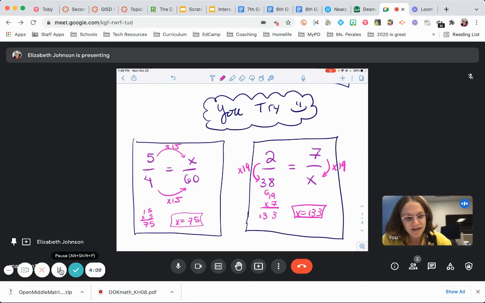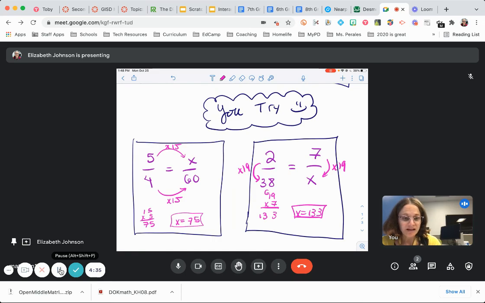And on the next one, I noticed that both 2 and 38 were even numbers. That means that there's a number that would go into both of them. And that number is 2. So 38 divided by 2 was 19. That told me that 2 times 19 is 38, and 7 times 19 must be x. This relationship is going to be true between the numerator and denominator of both pairs of my fractions here.